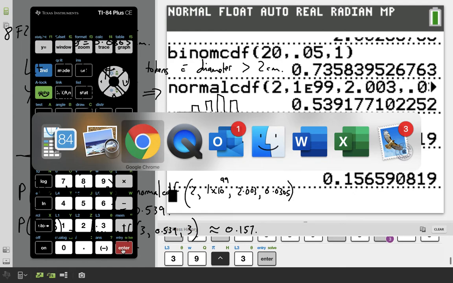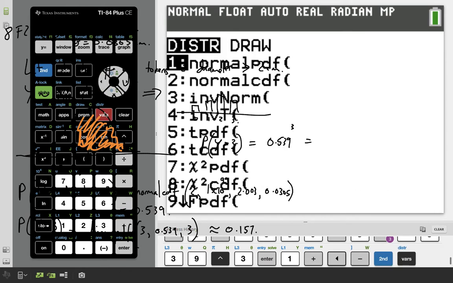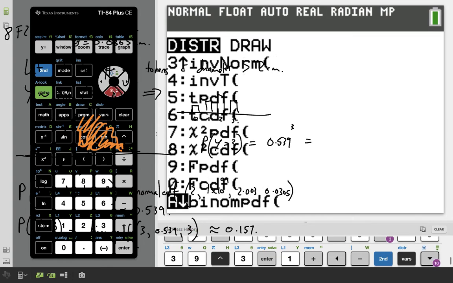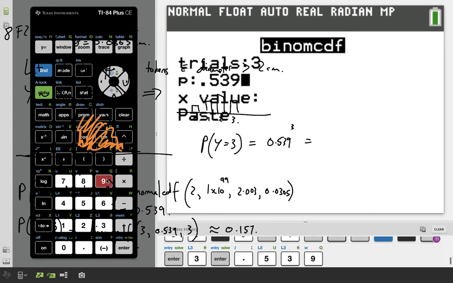And I guess you could have also used binom CDF, but it seems a little bit overkill. 1 minus binom CDF. These should all give the same value, right? 3 trials, 0.539.